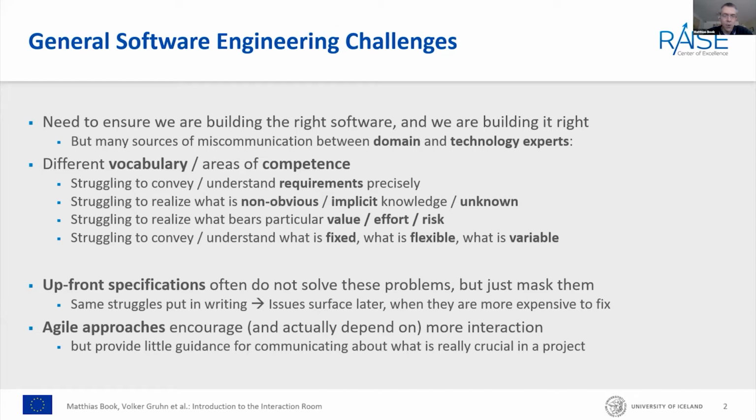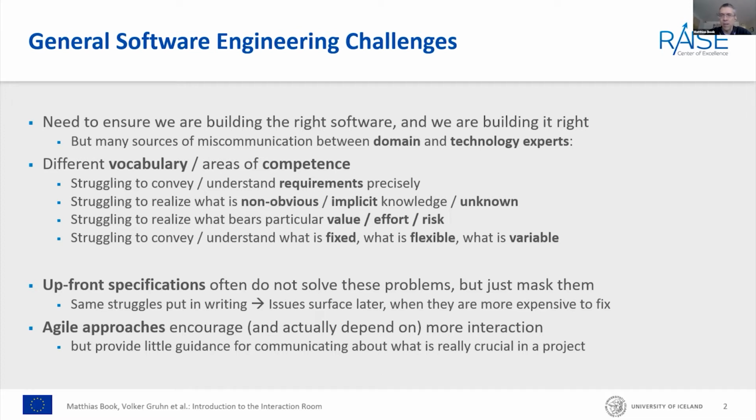The most classic approach is to have like a big upfront specification. You might have heard of like waterfall models or like Big Bang approaches, where we try to create a specification that is like a detailed document in the very beginning of the project that tries to specify all of this. Problem with that is we're pretty much having the same struggles.